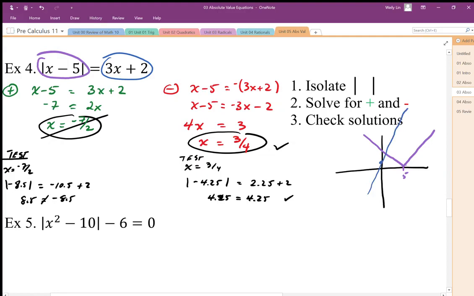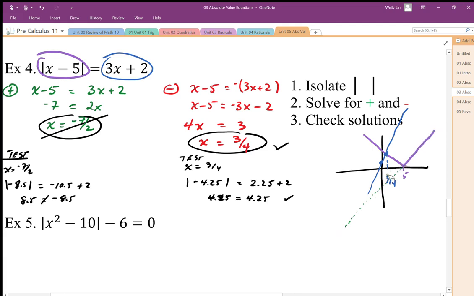Well, there clearly is only one intersection here, and that's our solution of 3 over 4. That's the good solution. Now, we could even justify the extraneous solution because this is a steep graph, slope 3. This part of the absolute value has a slope of 1. If I were to extend this back, remember that the absolute value is a piecewise function described by a linear equation, but it's only good up to here.